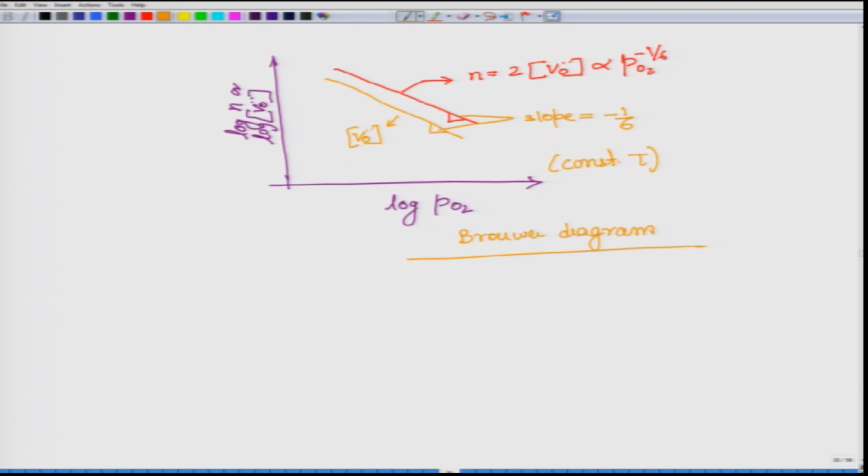So, if you know the pressure, you can predict what will be the N, or if you know what is the N you desire, then you know what the partial pressure of oxygen should be. So, this is a very useful diagram and is very important with respect to defect chemistry.